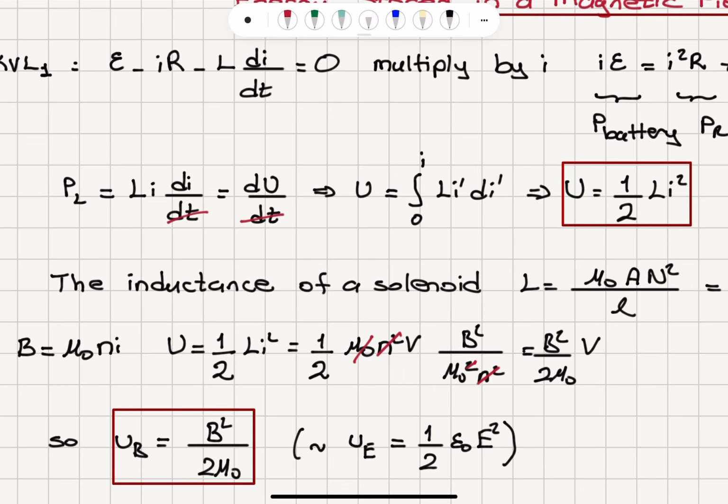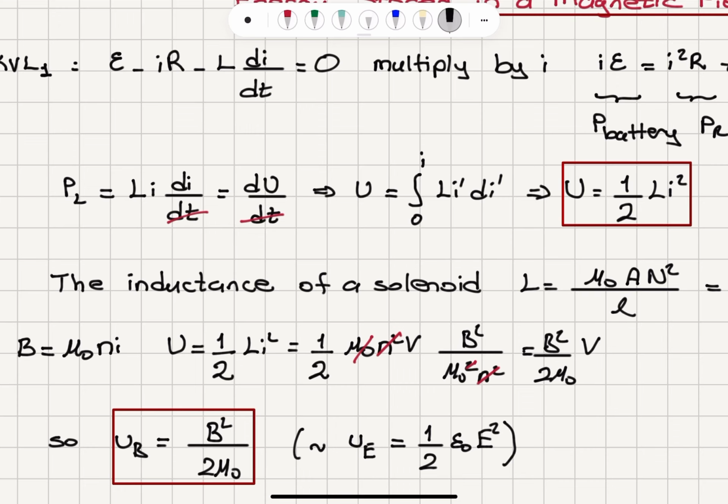So if I look at the potential energy as a function of time, basically I can multiply both sides by dt and integrate, the dt's will cancel here. So I integrate this from 0 to I, and I obtain Li di dt.